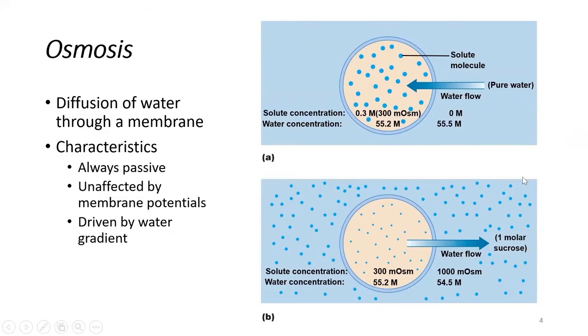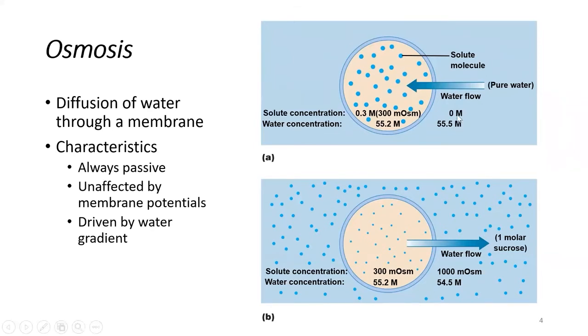In the first part of this illustration, part A, we see that there's a high solute concentration inside the membrane. We've got pure water moving from outside the membrane to inside the cell. That's because water is moving from an area where it's highest in concentration, which happens to be outside the cell, to an area where it is lowest in concentration, which happens to be inside the cell.